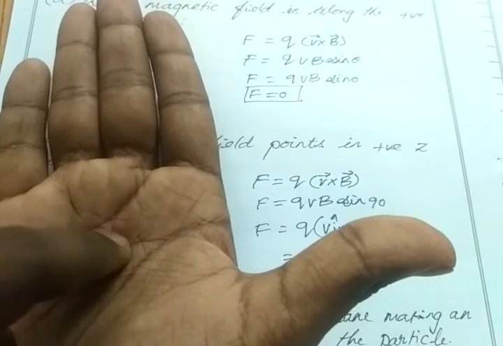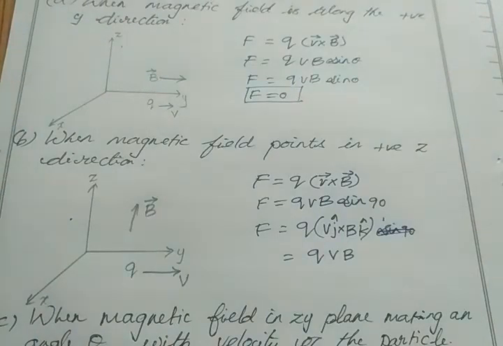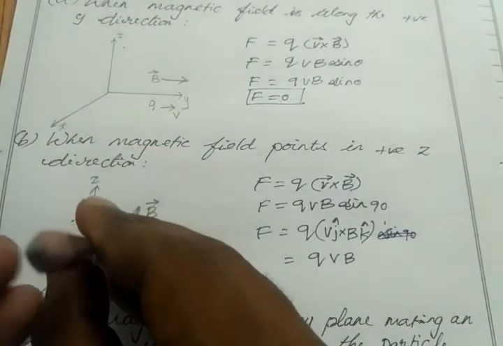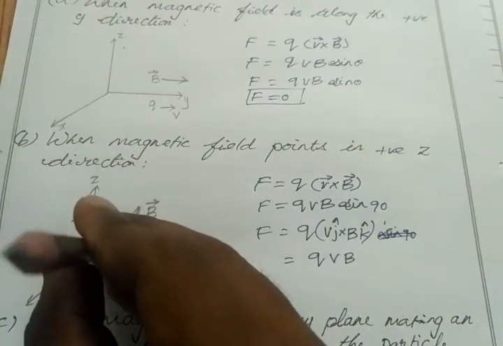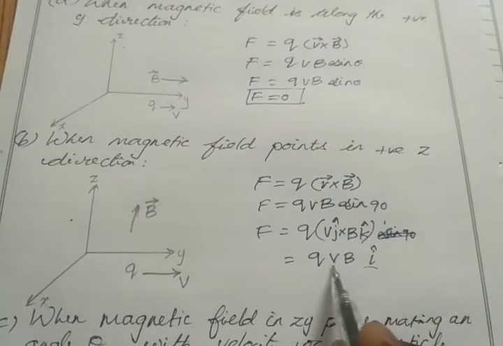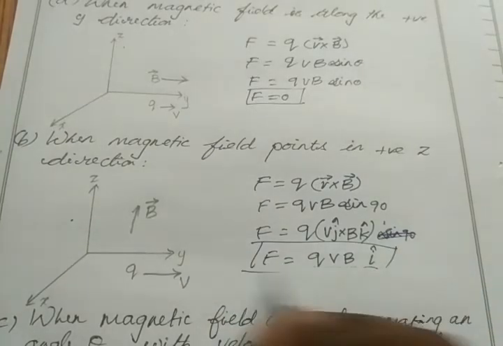So my palm shows upwards. Okay, in upwards I have x axis. As I said already, this is y axis, z axis, this is x axis. So upwards I have x axis, so I can take x axis as i vector. Clear? So this is my direction, this is my magnitude. Understand? Right.